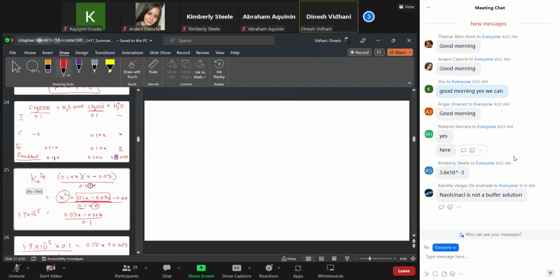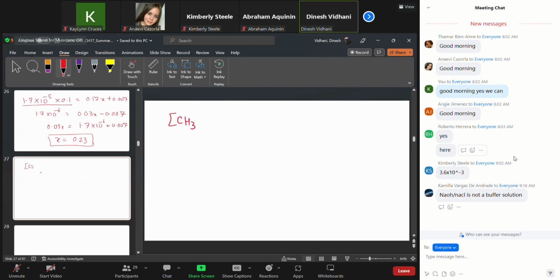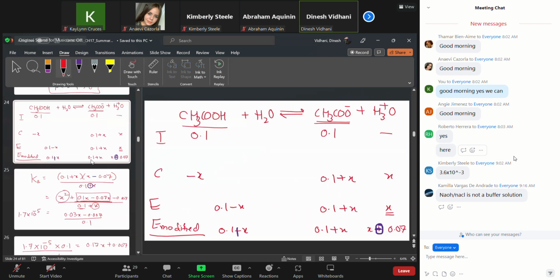So now the next thing that you're going to do is find the concentration of acetic acid, find the concentration of acetate ions based on the X. Now, go back to the modified equilibrium. Look at the concentration of acetate ion, 0.1 plus X. The same thing happens with your acetic acid concentration. It's 0.1 plus X. It's the same thing, but then this X is coming from where?